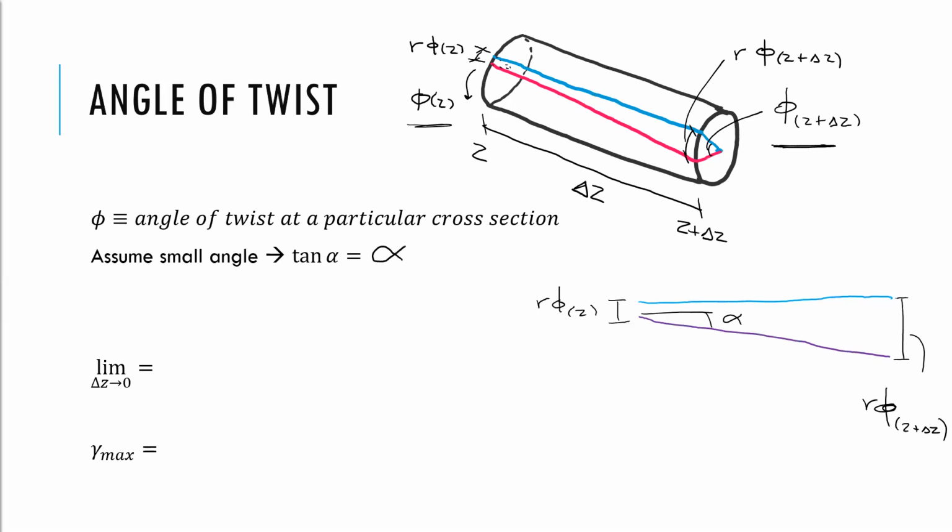So what that means is if I initially had a z-axis and a theta axis, and then I apply this torque, and now a line that was initially in the z direction is in this inclined direction, and I'm saying that that's an angle alpha. What is that alpha equal to in terms of what we've been talking about in this class?